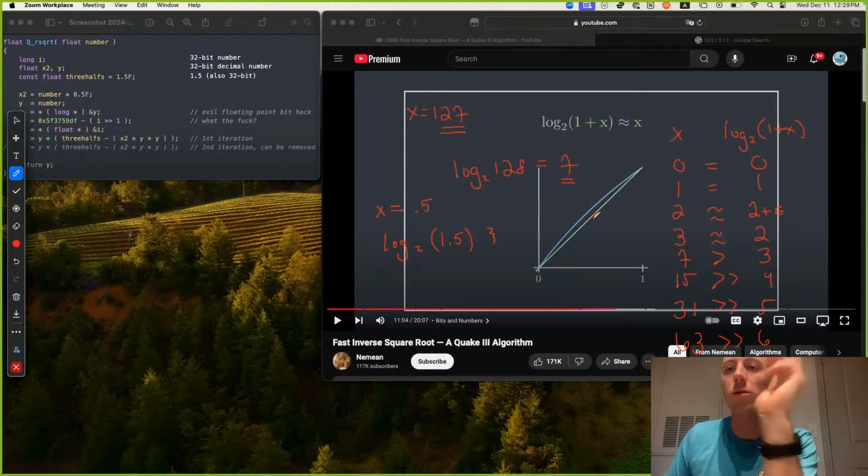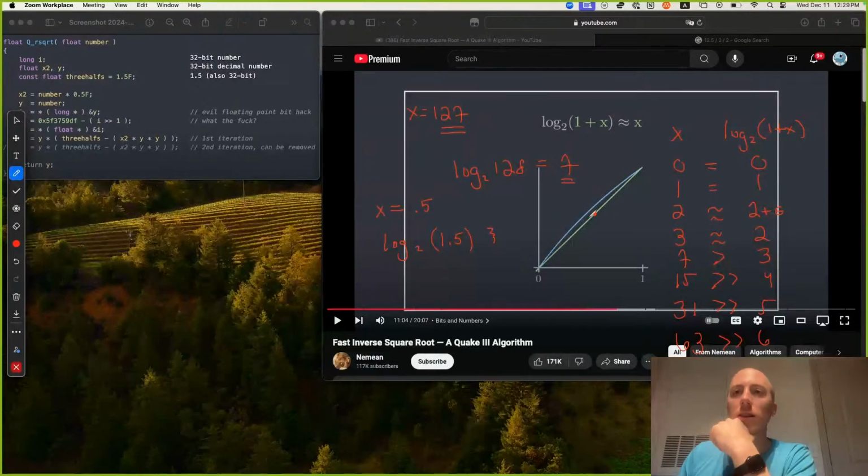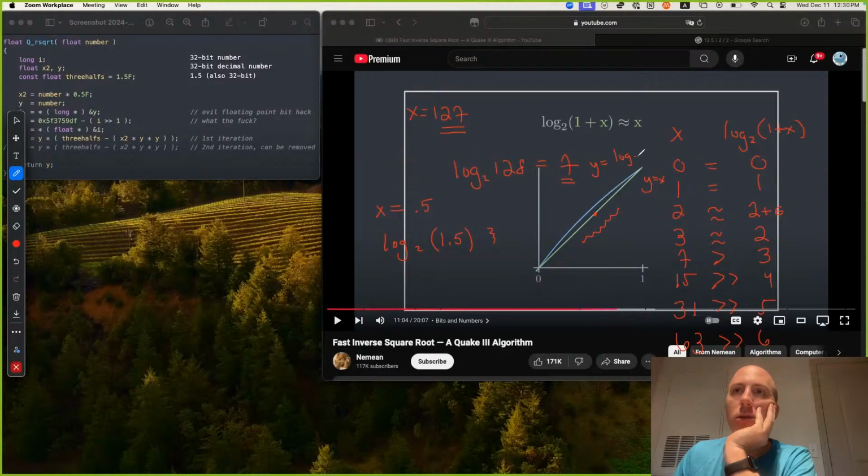I don't have a great intuition for this range here. All right, he's plotting it out and he's saying it's pretty close. This green line is y is equal to x, and the blue line is y is equal to log base 2 of 1 plus x.